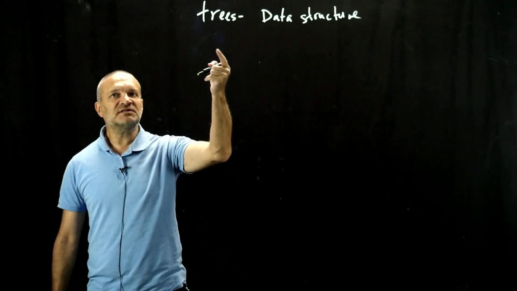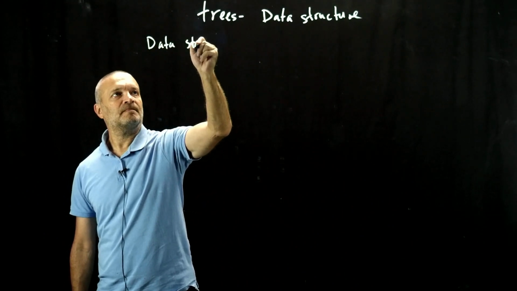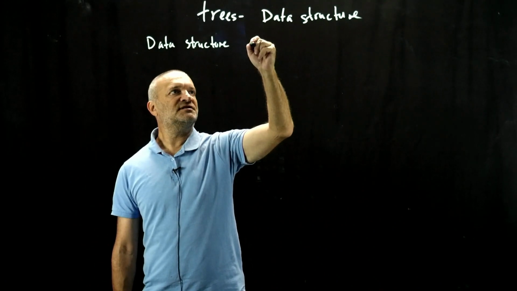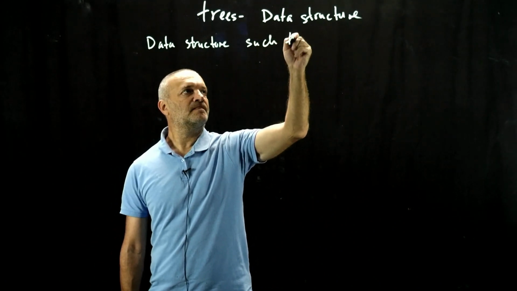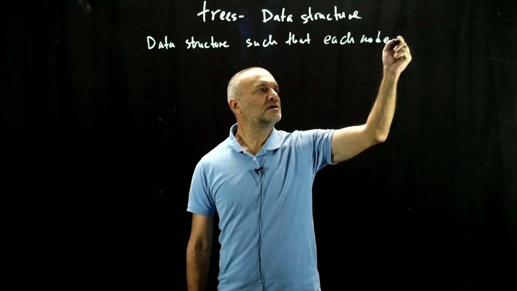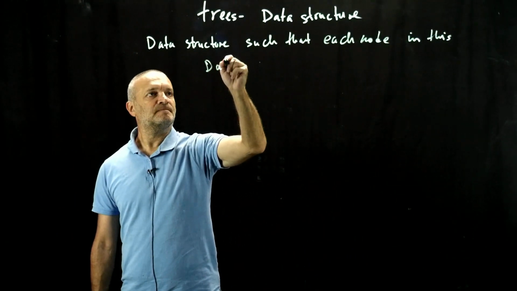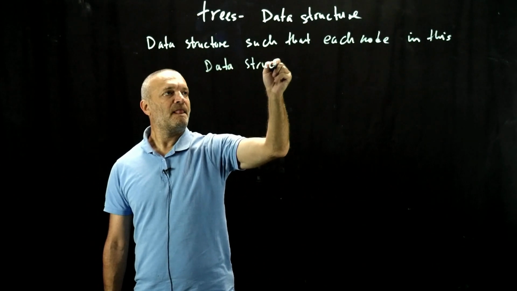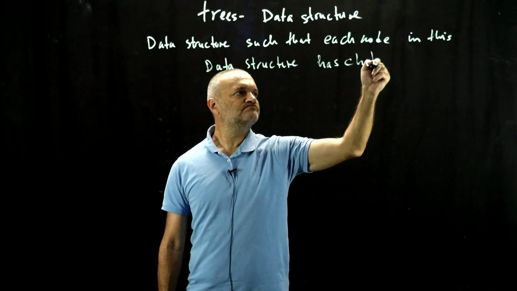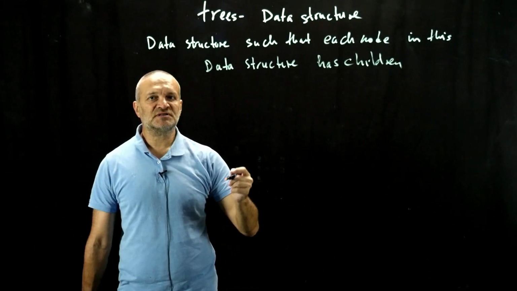So for example, what is a tree? A tree is basically a data structure. It stores data such that each node in this data structure has children. Symbolically, you can think about this data structure like this.